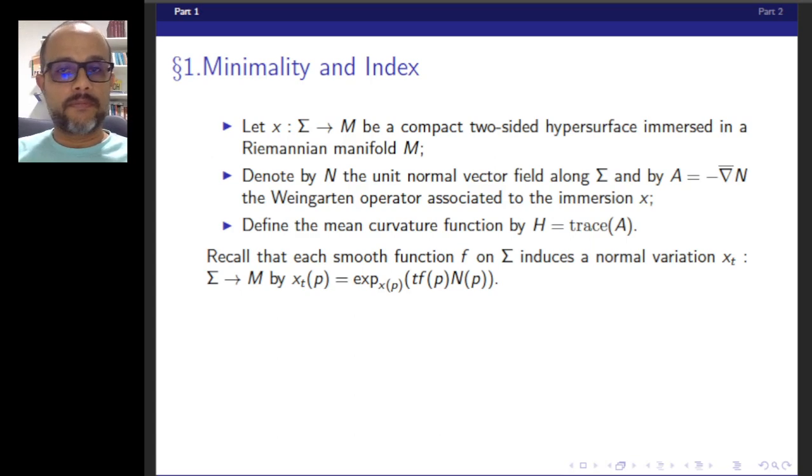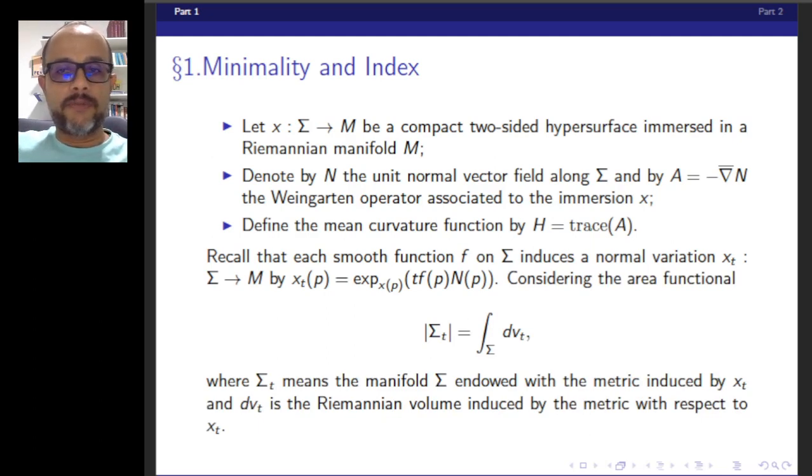Using this variation, we have several copies of sigma in M, and we are able to compute the area of these hypersurfaces.